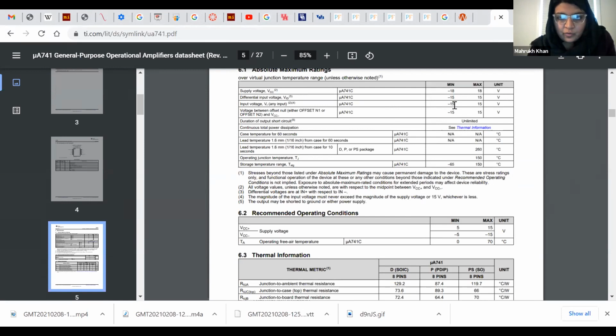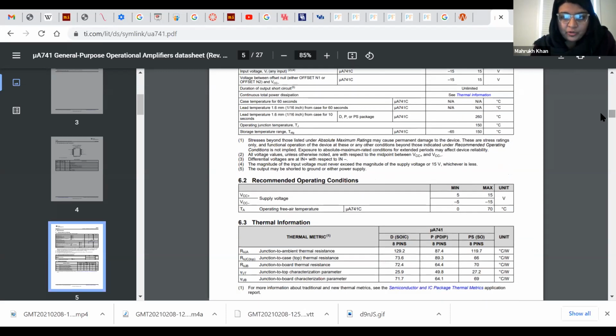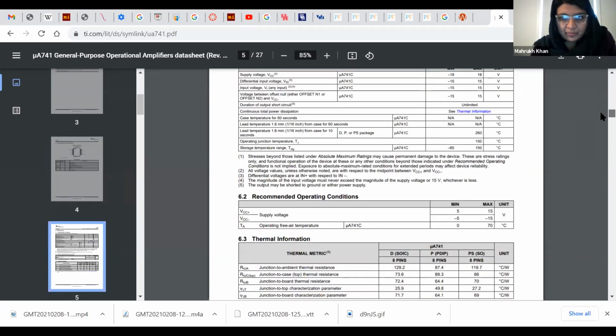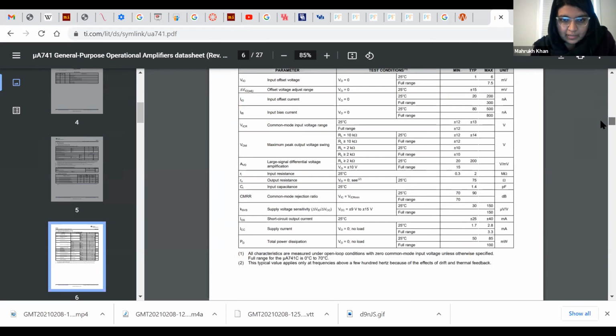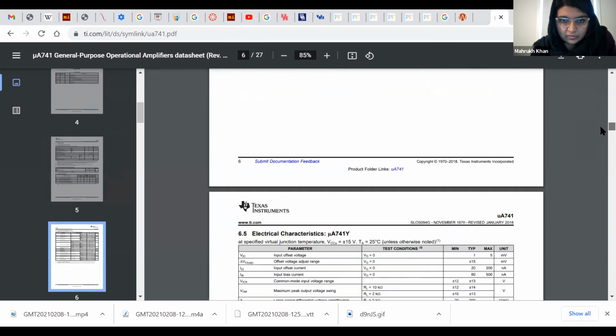Minimum you can give minus 15, maximum you can give 15. I think we are recommending minus 12 and 12. Which means its output cannot exceed or decrease more than its supply voltage. Other than that, if you see its open loop gain, let me check if there is.